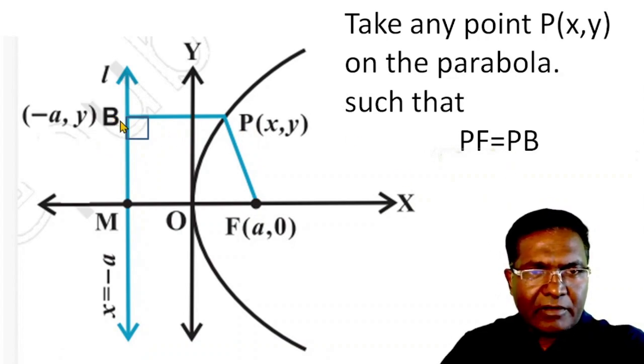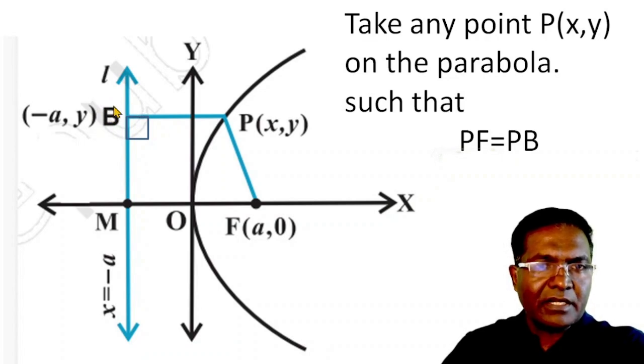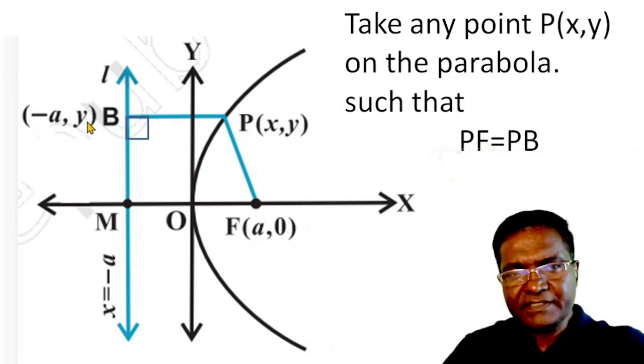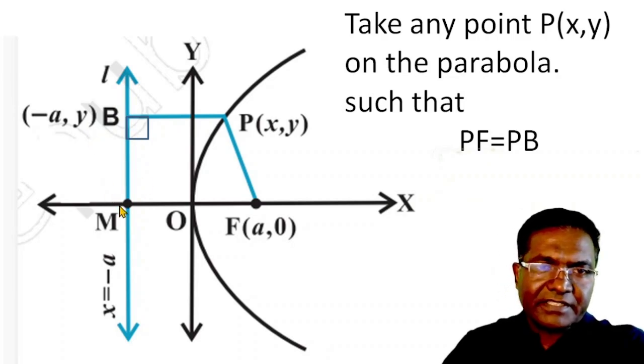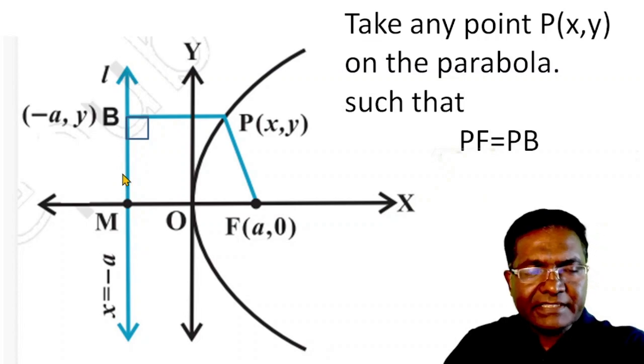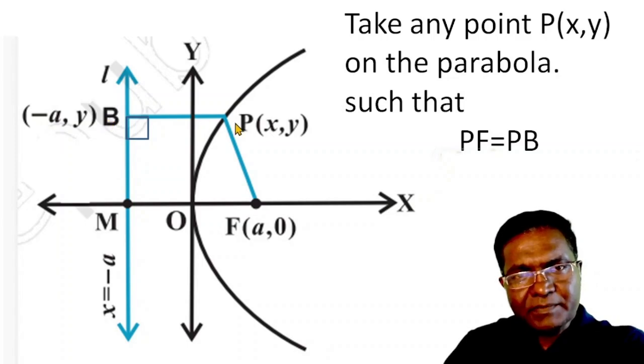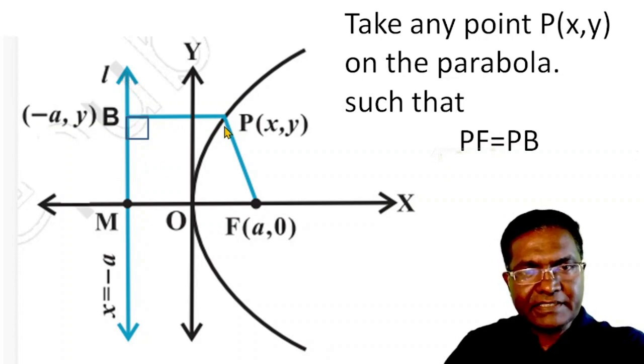Now look at this point B. What are its coordinates? I have written it as minus a comma y. How is it? Look at this. This is the line x equals minus a, which means any point on this directrix will have x coordinate minus a. Now B is exactly corresponding to P. This is the perpendicular line from the point P on the directrix.